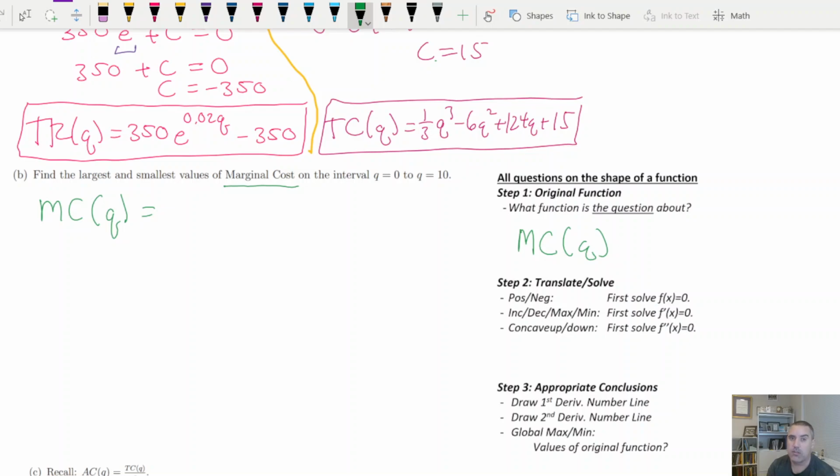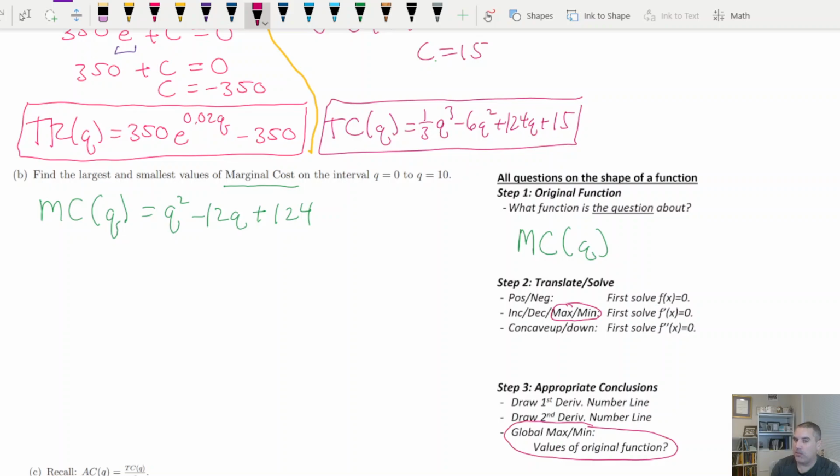Now there's a separate question of what that means, but the question's not asking us to interpret that. It's just saying consider that function, which it was earlier, it was q squared minus 12q plus 124. That's our function. That's like our f of x, or in this case, f of q. What is it asking about that? It's asking about a maximum, smallest and largest, and it's asking us over an interval.